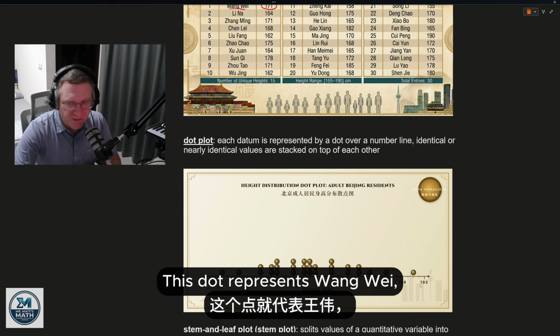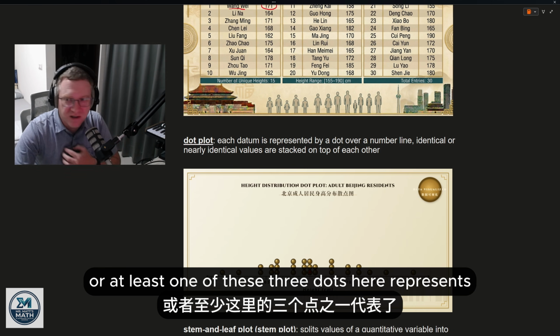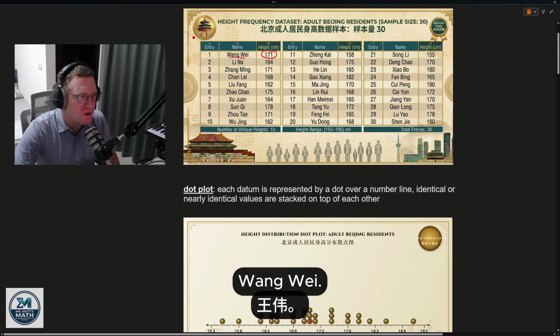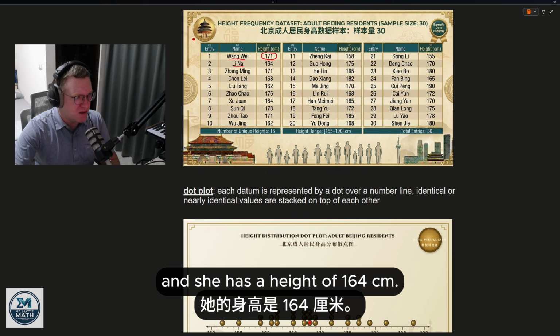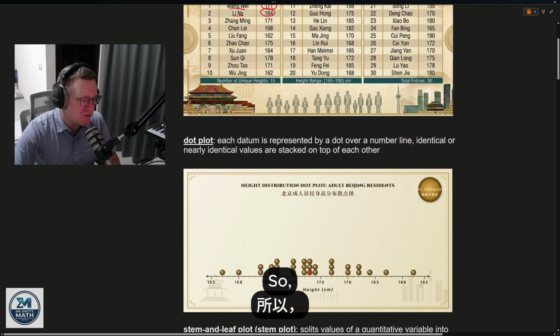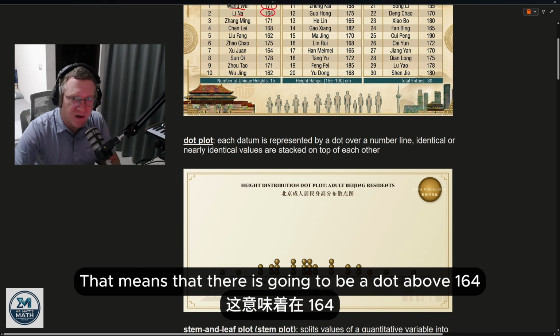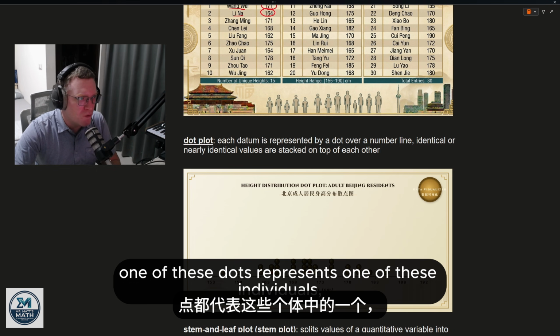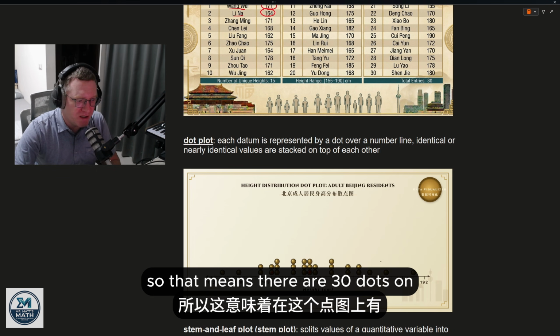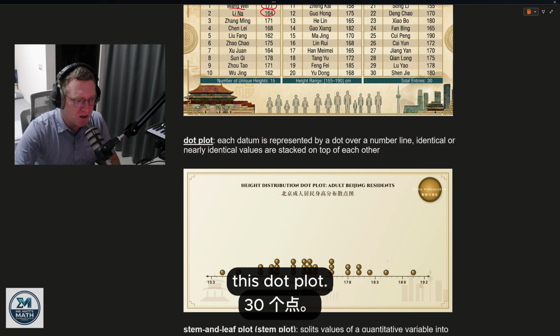This dot represents Wang Wei, or at least one of these three dots represents Wang Wei. We have another observational unit, Li Na, and she has a height of 164 centimeters. That means there is going to be a dot above 164 centimeters. So each one of these dots represents one of these individuals, which means there are 30 dots on this dot plot.